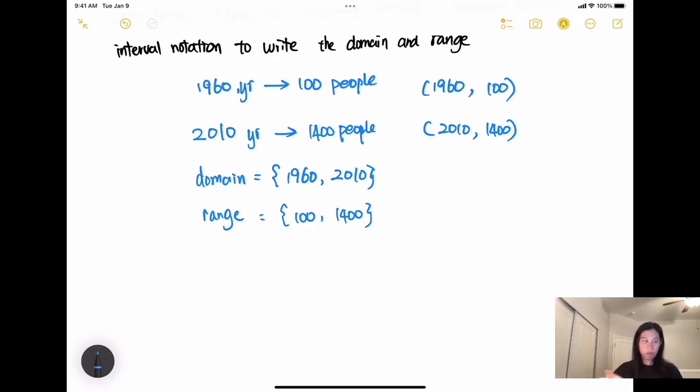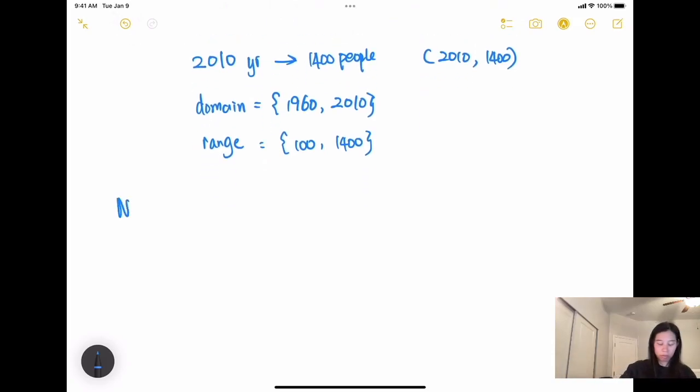So when it comes to the notation, let's talk about discrete first. This is discrete data, right? It means they're not continuous. We didn't report every year, like 1961, 1962, 1963, right?